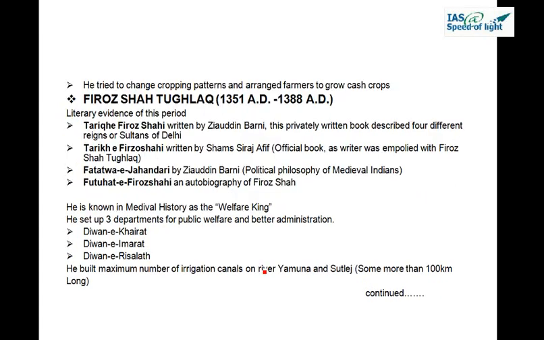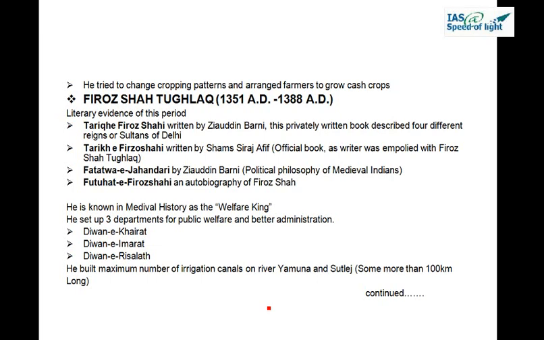He also tried to change the cropping patterns and persuaded farmers to grow more cash crops. So we see how this personality, Muhammad bin Tughlaq, is known as the wisest fool in the history of India.